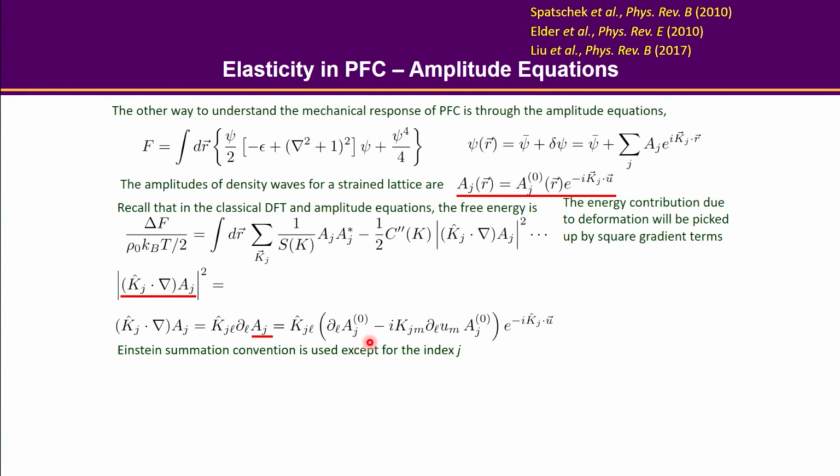And as promised, you should have this k·u, which is k_m u_m, and take a spatial derivative. You can also write that as partial l of k_m u_m together. But since k does not change over space, k for a specific reciprocal vector is just a three-number vector that doesn't change. That's why I pull this K_j out. So you can really easily manipulate everything using this index notation and the Einstein summation convention.